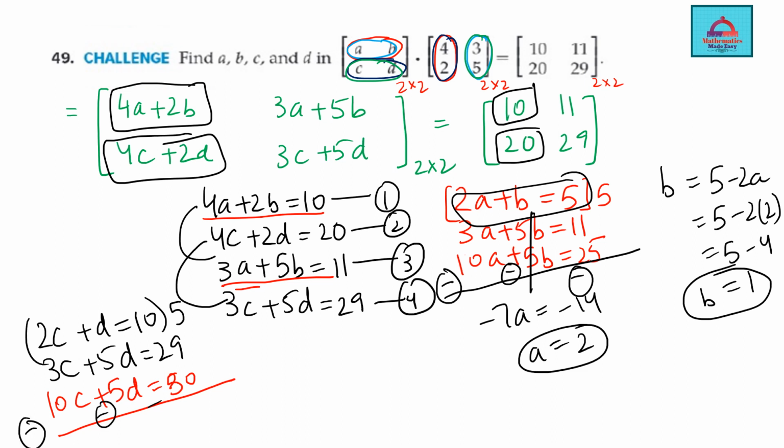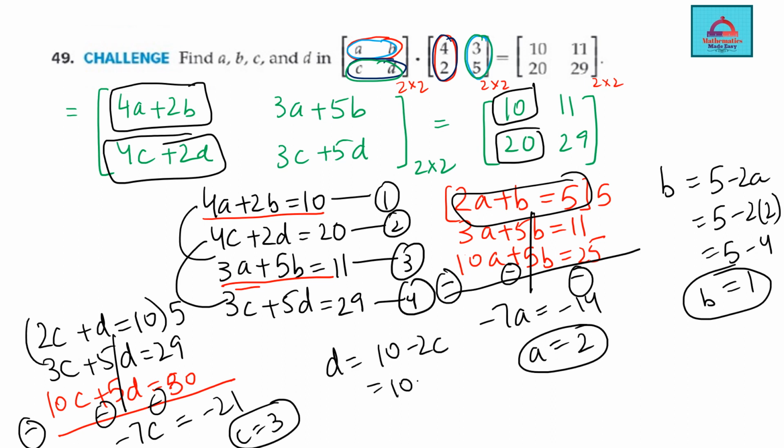We'll subtract the equation. This will cancel. Negative 7D is equal to. Now we'll subtract with here 50 with 29. What we get is 21 with a negative sign. So C is 3. And now from this equation, you get D as 10 minus 2C. So 10 minus 2 times 3, 10 minus 6, which is 4.